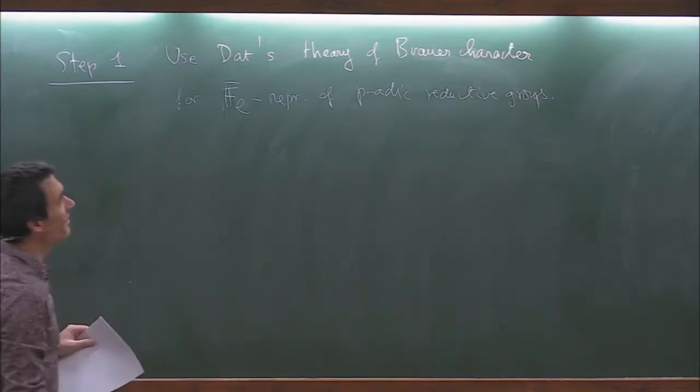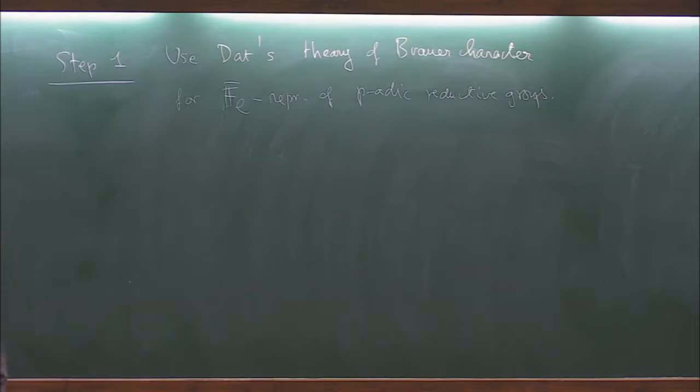So very quickly, what is a Brauer character of an F_l bar representation?